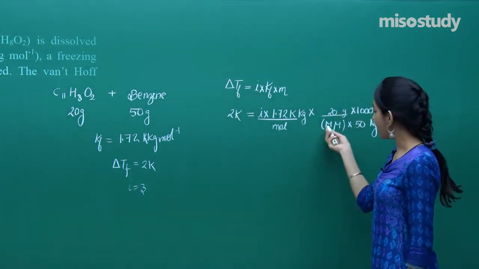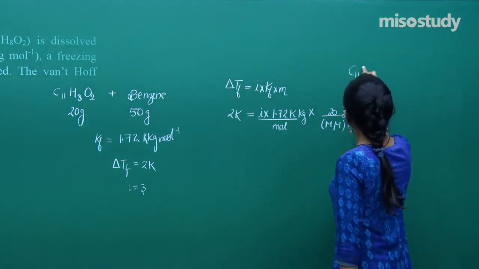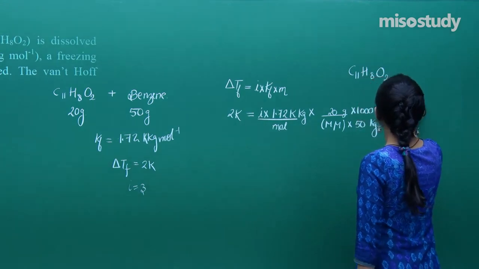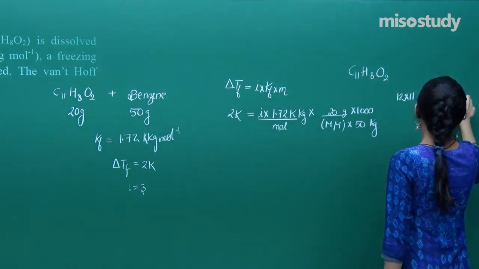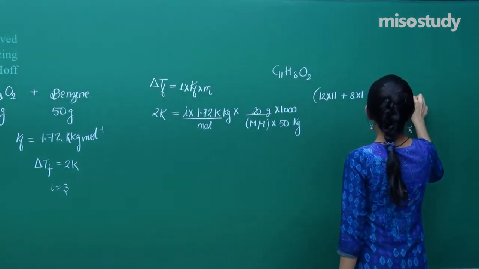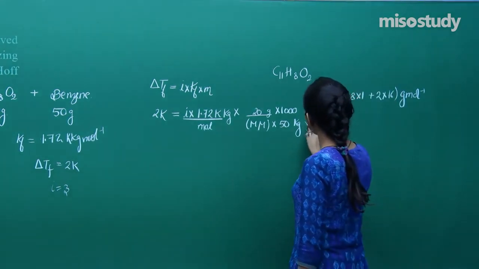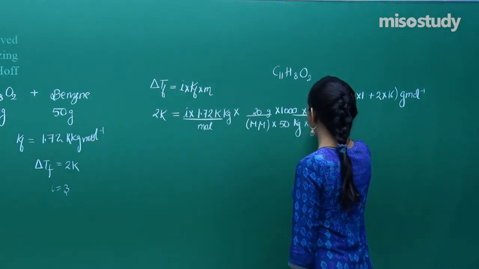Okay. Now if I am asking you to substitute the molar mass, you can see C11H8O2, so molar mass will be 12 times 11 plus 8 times 1 plus 2 times 16 grams per mole. Right? So molar mass in grams per mole will go in the numerator.